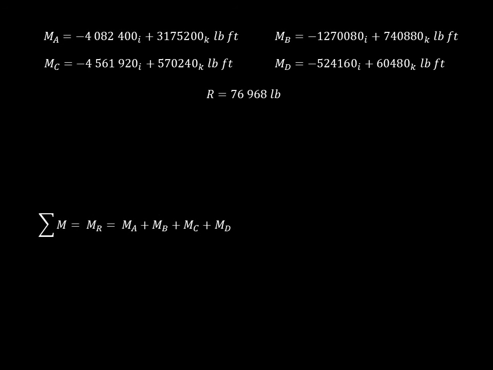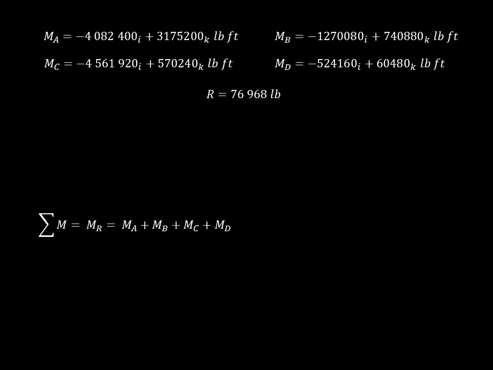Since we already know the moment of all forces, we now need to identify the equation of the resultant moment, so we could get it from the cross product of the distance and the resultant force.